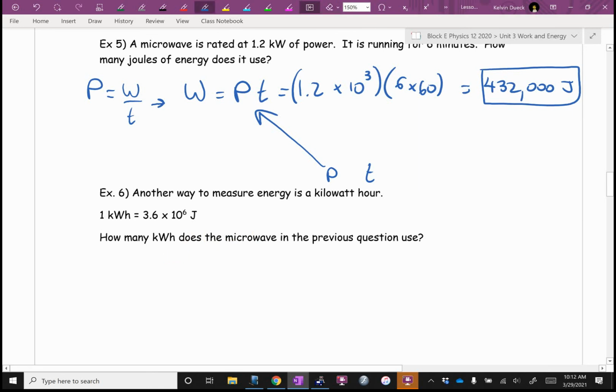So how many kilowatt hours does this question use? How many kilowatt hours of energy does this microwave use? They want me to convert 432,000 joules of microwave energy to kilowatt hours energy. I guess I'll write down what they gave me.